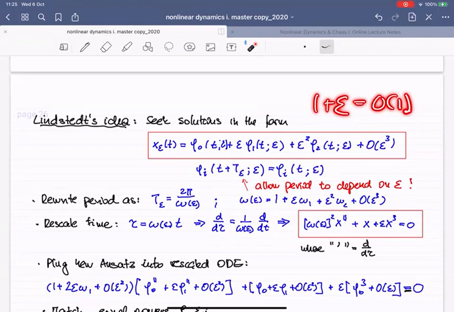Big O(1) just means that the leading order term is independent of epsilon, but it doesn't mean that there are no other terms there. Little o(1) would mean that. So this is just a regrouping of that expansion. I don't know yet how exactly I'm going to do that, but I allow for it. Similarly, I allow phi1 to depend on epsilon as well, and phi2 too. This is no violation of what I already know, because if all these functions are also individually smooth in epsilon, then this is just another way of writing smooth dependence on epsilon.